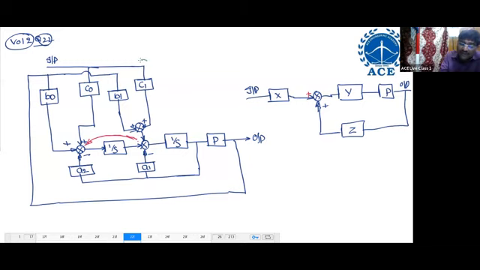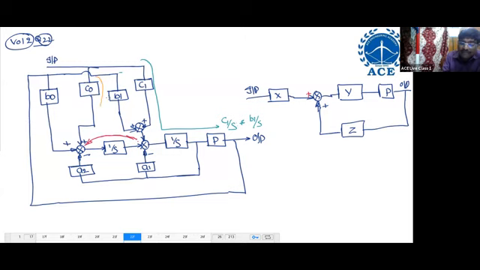Before shifting, what is the path gain? Tell. C1 by S or B1 by S. Either like this or like this, same na. So C1 by S and B1 by S. If I shift to here, what is the path gain?